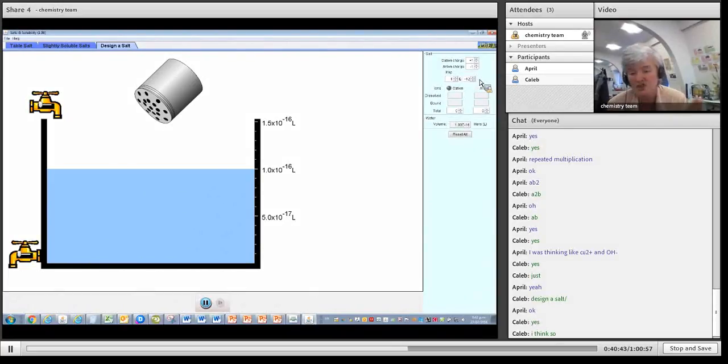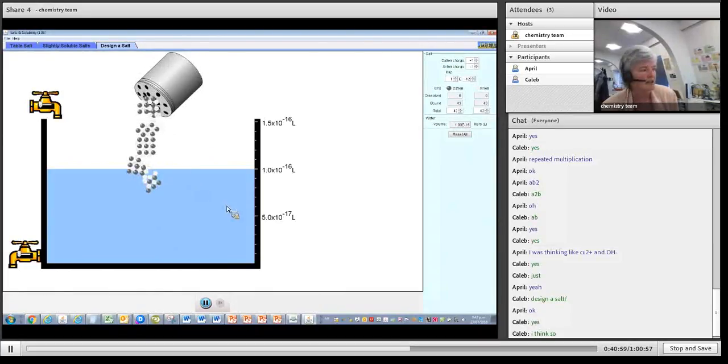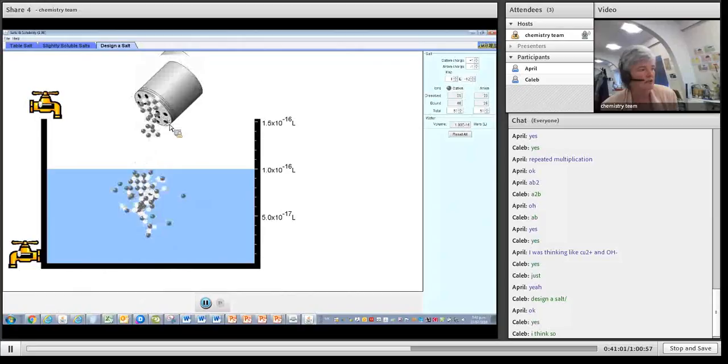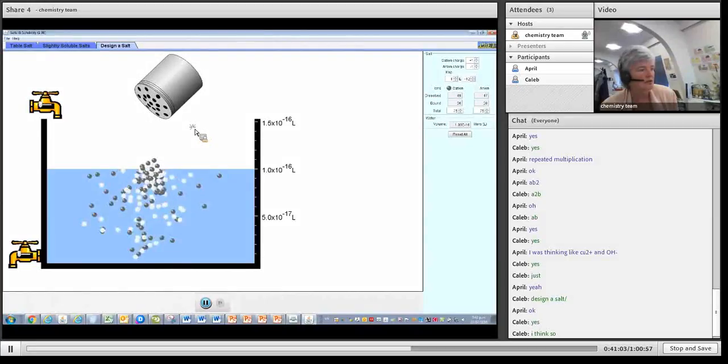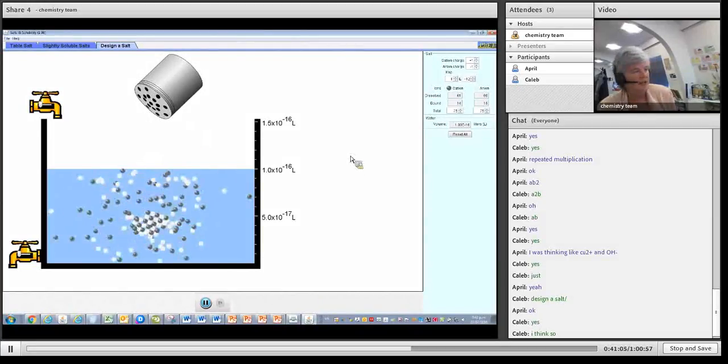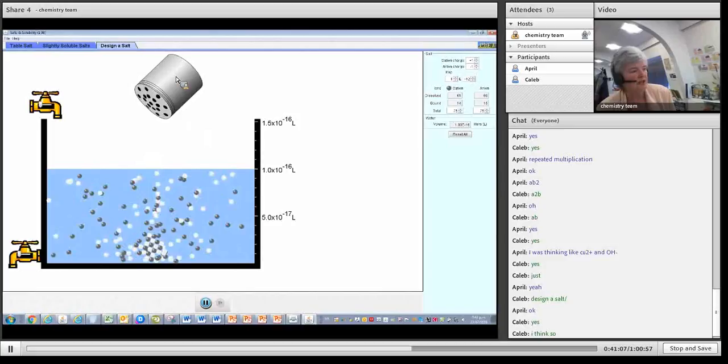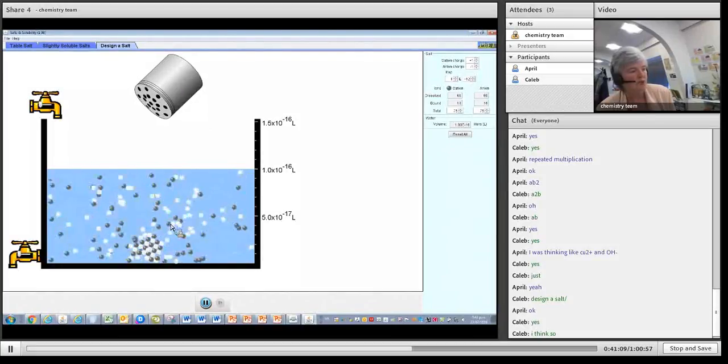You can see it's solubility product, SP. It's just different countries do use slightly different terms, so don't worry about that. If I keep my KS value the same and I shake it, it'll dissolve, and you can then see how many ions are present.